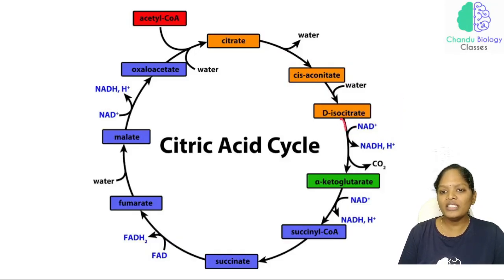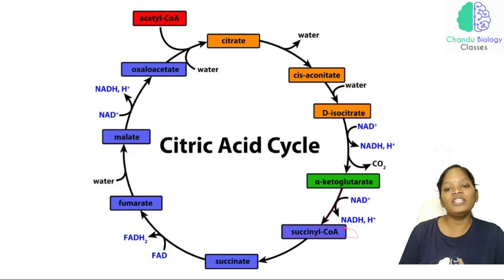Now from this isocitrate, NAD plus is converted to NADH. One carbon has been eliminated as carbon dioxide. Isocitrate has been converted into alpha ketoglutarate. From this alpha ketoglutarate, it has been converted to succinyl CoA.